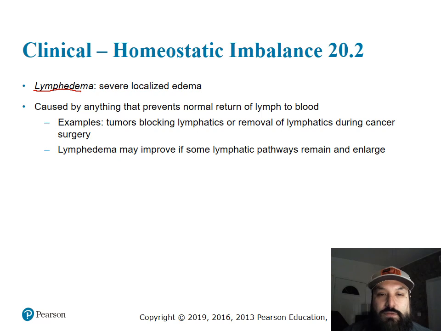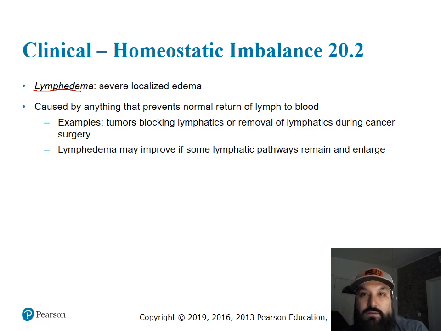So why would somebody have this? There's some examples here. Tumors can cause that as well. Taking out the lymphatic vessels, if you will, during cancer, because of cancer. If we find cancer in the lymphatic system, then we want to remove those vessels, and we would elect to do that.